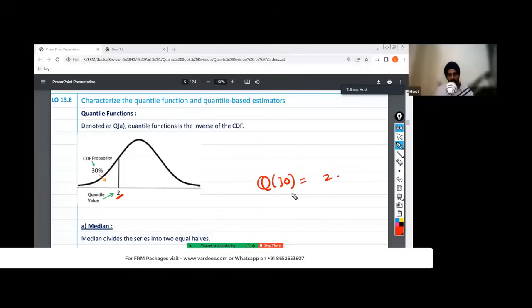So essentially, if I have to describe it for you, a quantile is something that divides the distribution into certain parts. Under quantiles, we have something known as percentiles.